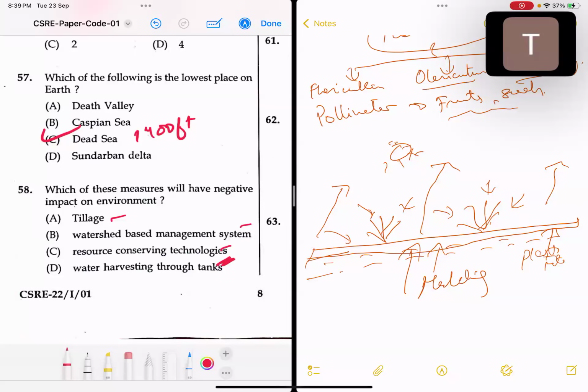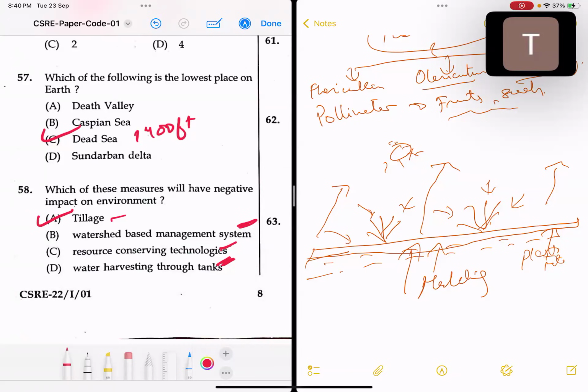Again, when we have a resource conservation technology, it has a positive impact on the environment, right? Watershed management system. Again, this is also a positive impact on the environment, because when we have a watershed management system, we're addressing how the water should be managed, right? But if you look at the first option, it is tillage. So this is the correct option because it has a negative impact on the environment.